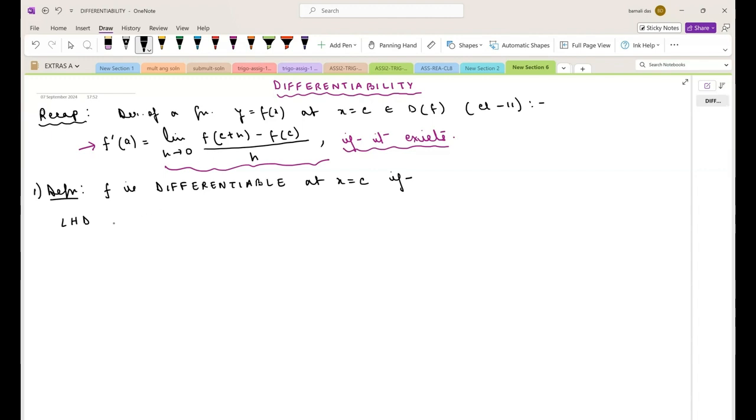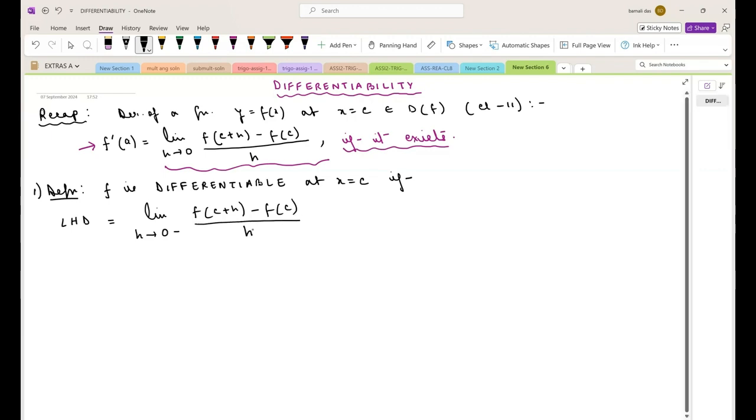So left hand derivative is limit h tends to 0 from the left of f(c plus h), rest of the things remain the same, minus f(c) by h, equal to the right hand derivative, that is limit h tends to 0 plus of f(c plus h) minus f(c) by h.